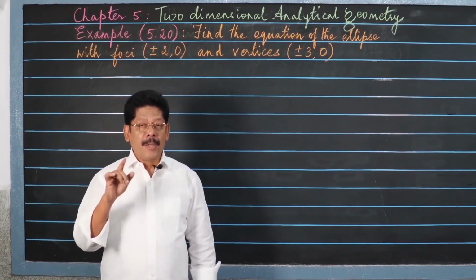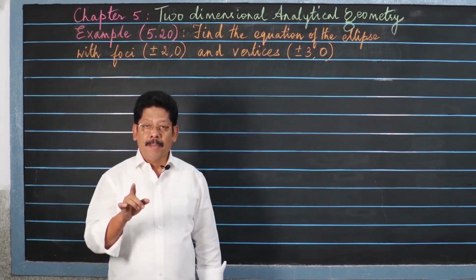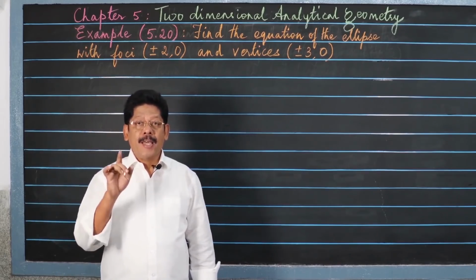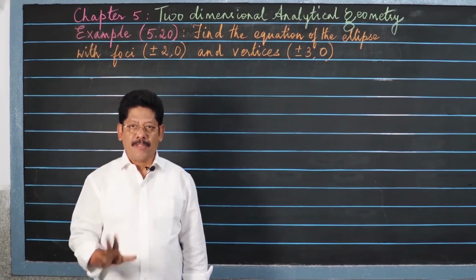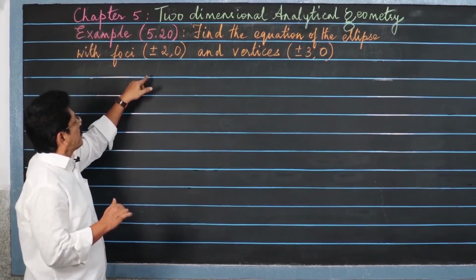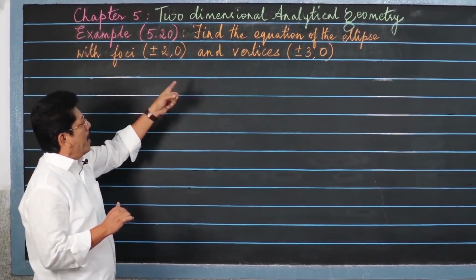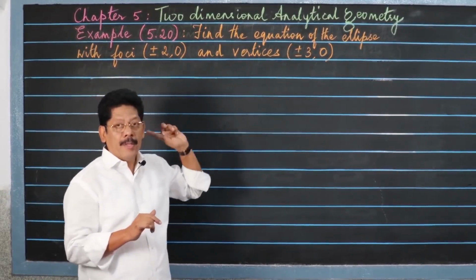The ends of the major axis 0, plus or minus 5 is nothing but the vertices A dash as 0, plus or minus 5. Now, in this problem, the foci is given as plus or minus 2 comma 0 and the vertices plus or minus 3 comma 0.